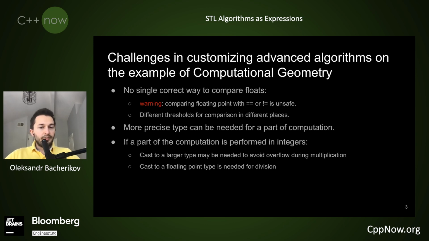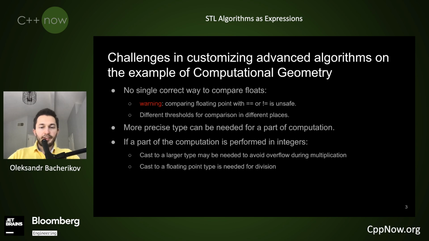So you have to use either absolute error or relative error or a combination of them or some even more advanced, more numerically stable methods with some threshold. And even if you choose the method, after that, you may need a different threshold for comparison in different places in the algorithm.